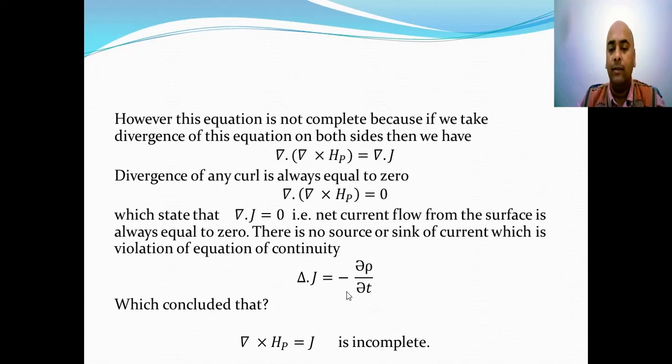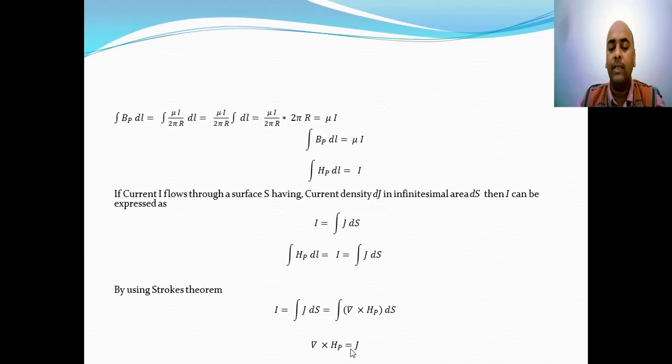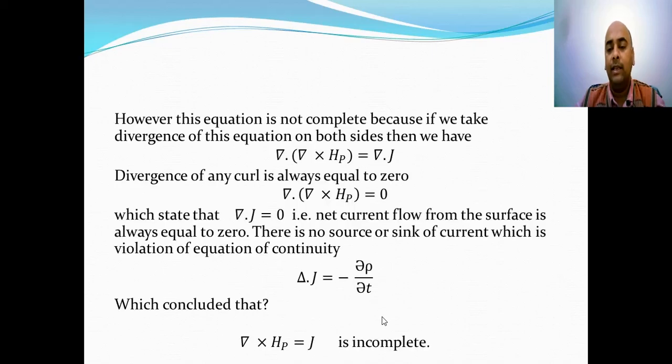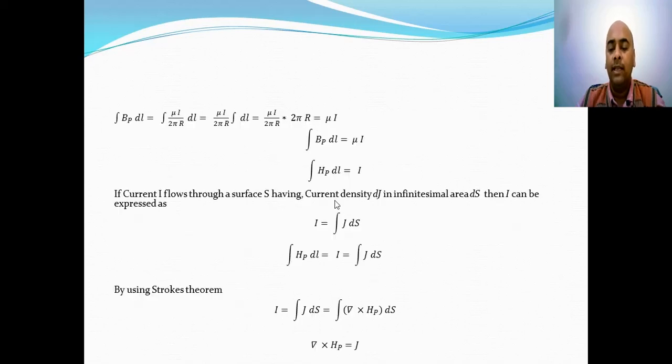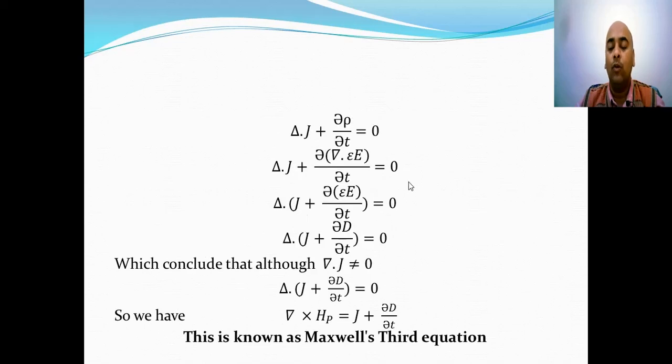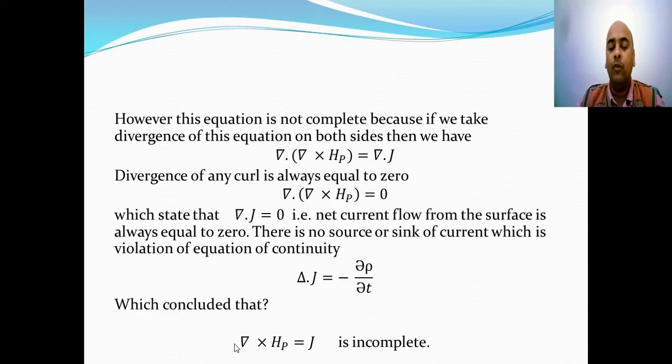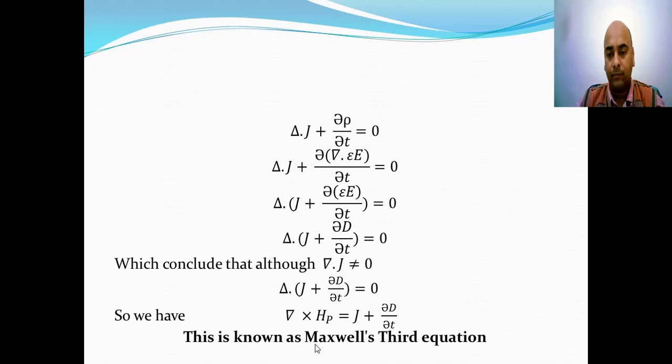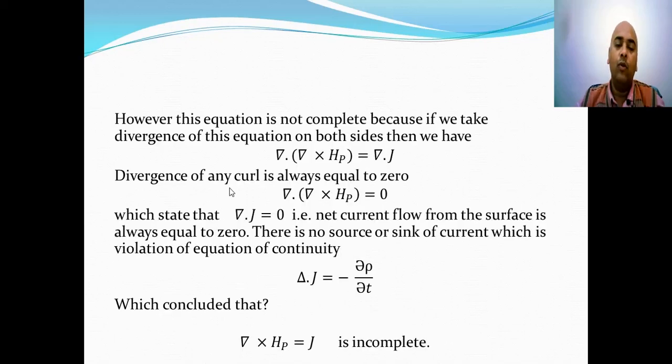However, this equation, that is curl of H is equal to J, is not complete, because if we take the divergence of this equation on both sides, we obtain that divergence of curl of H is equal to divergence of J. Now the divergence of any curl is always equal to 0.